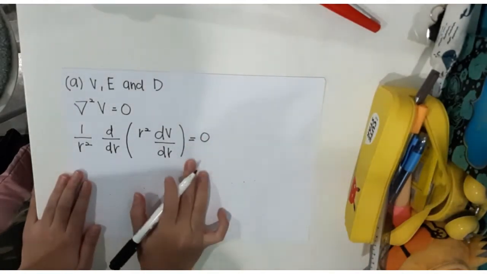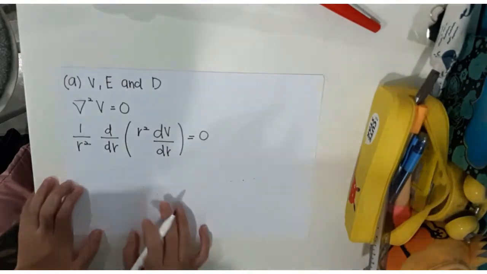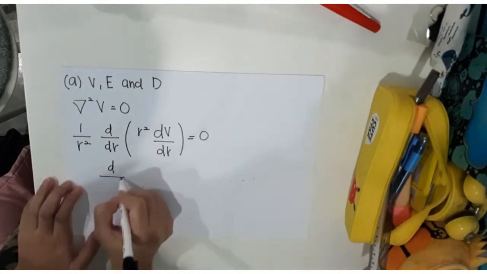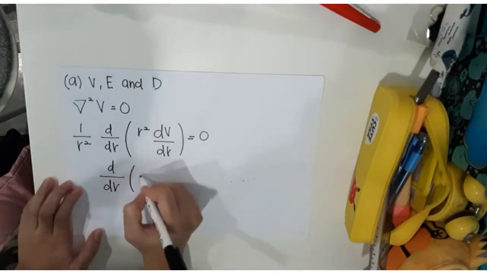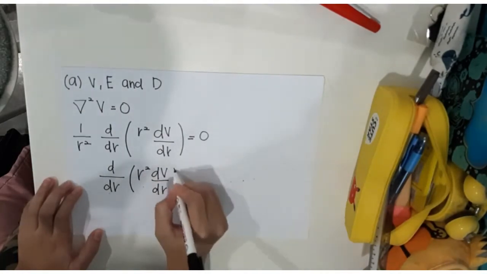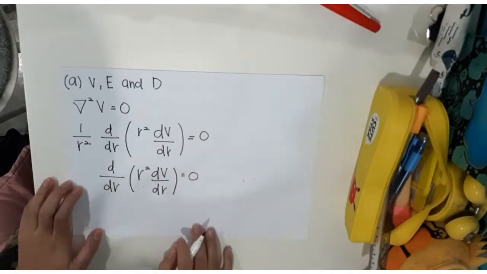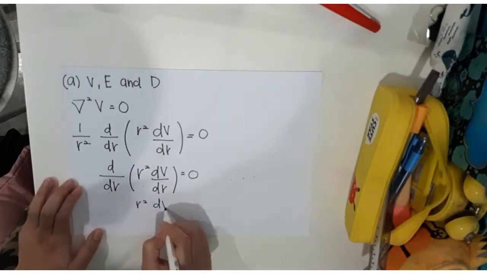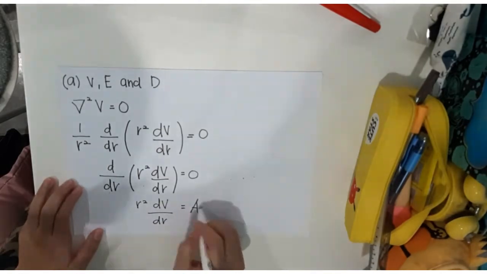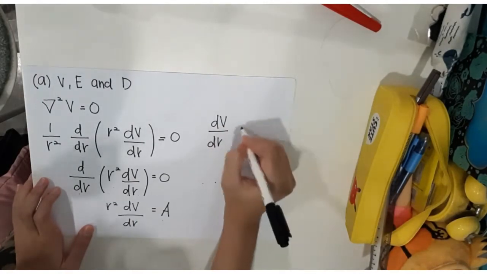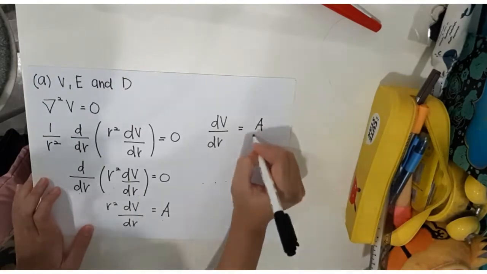From this equation, we can find the equation for V. So, d over dr of R squared dV over dr equal to 0, we will be left with R squared dV over dr equal to A. Then dV over dr, we will get A over R squared.